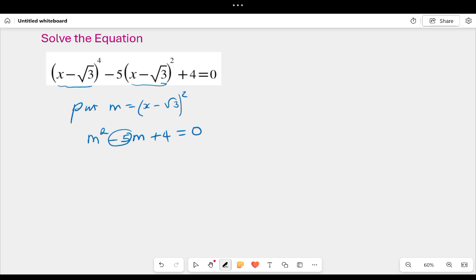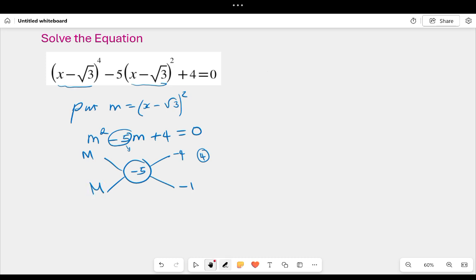Now, this quadratic equation we can solve by factorization, whereby we need two numbers that when we add, we get the negative 5, which is here. And the two numbers, when multiplied, give positive 4. In this case, the numbers are negative 4 and negative 1. What about m squared? m squared can be split into m multiplied by m.